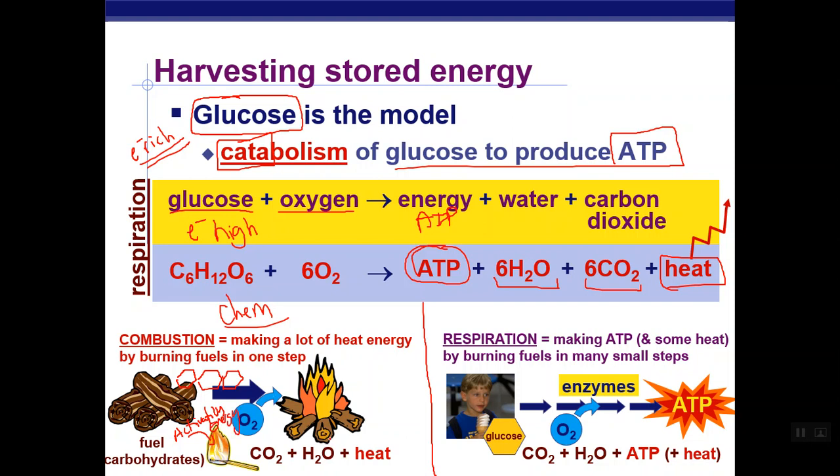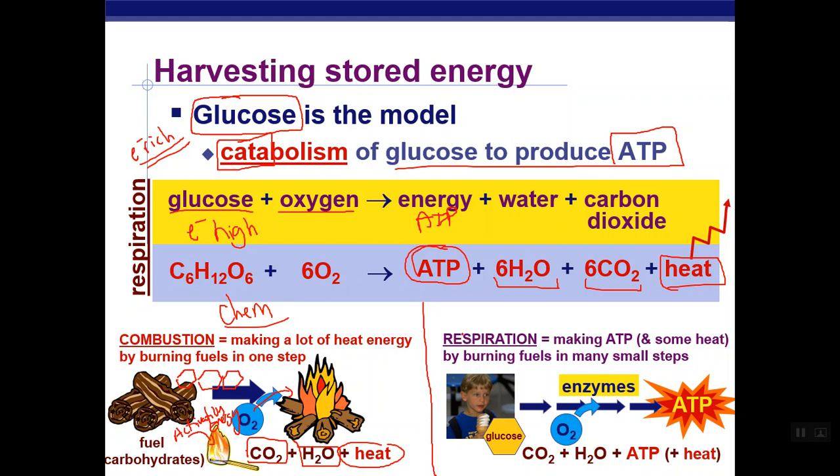And we are going to produce in this reaction using oxygen, once we burn the cellulose, carbon dioxide, water, and heat energy. This is just a typical combustion reaction that you learned about in chemistry.